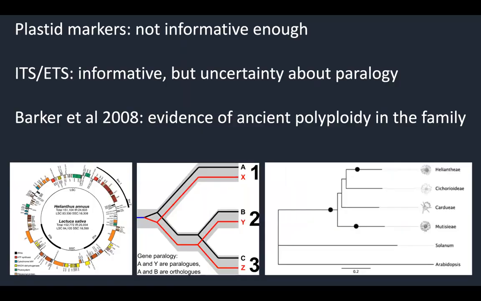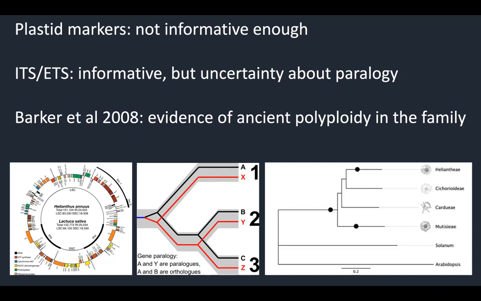And so what was really clear from this work and others was that plastid markers were not informative enough. And even ITS and ETS were informative, but there were a lot of uncertainties about paralogy. And Mike Barker's work just prior to the book being published showed that there was definitely evidence of ancient polyploidy in the family, like so many other plant families, and like plants in general.